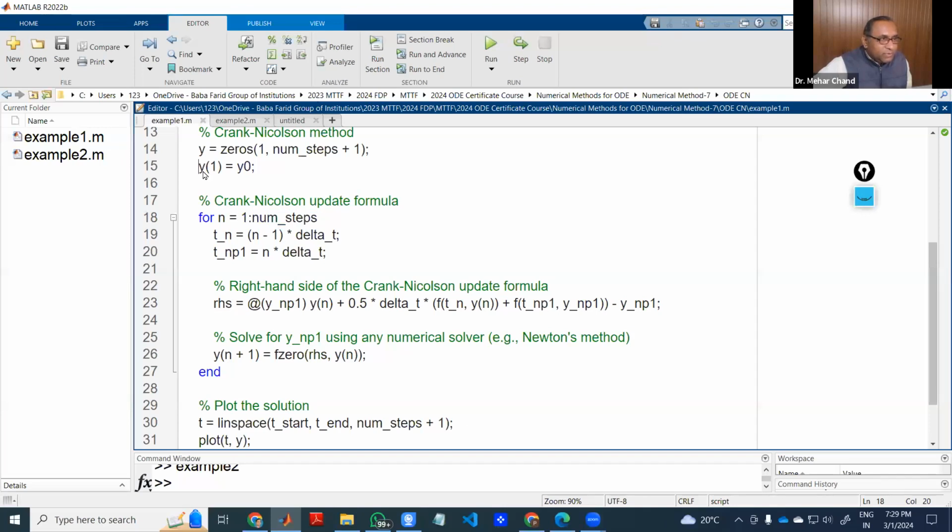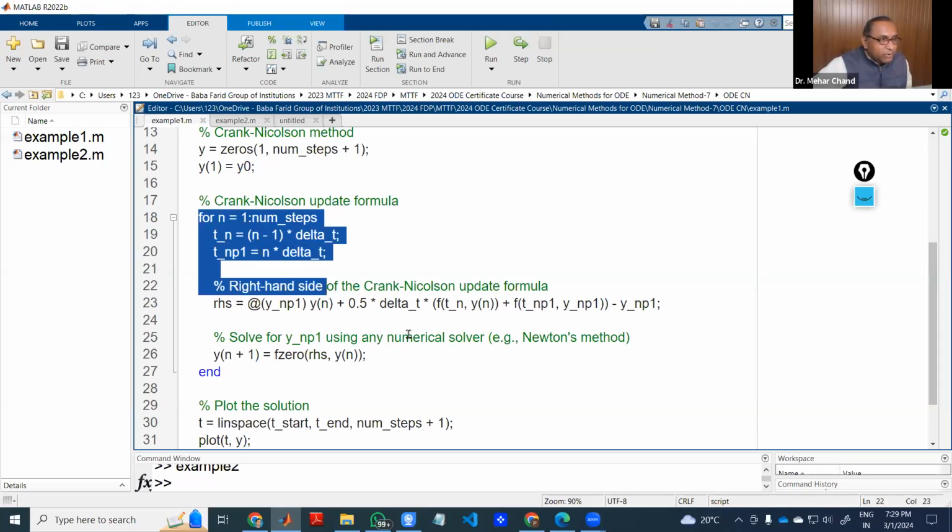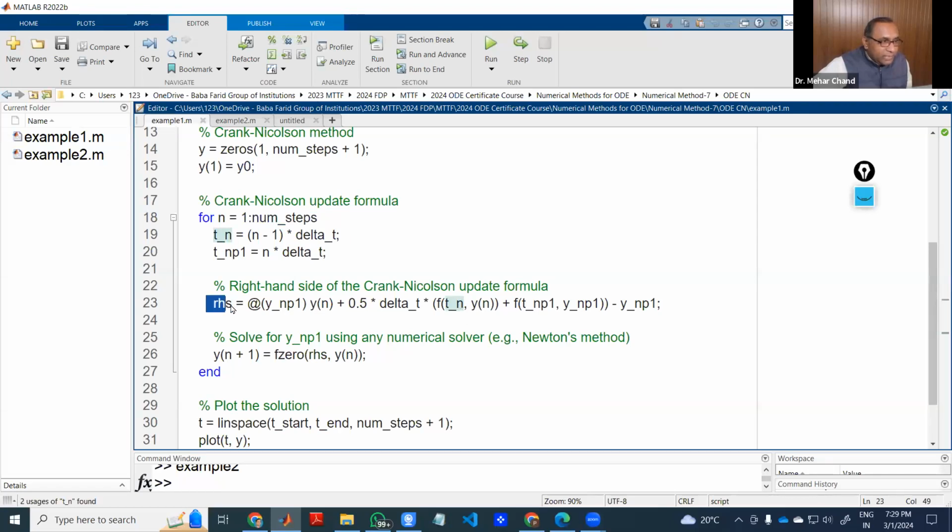So the first value will be stored at this place when n equals 1, then y2 will be computed, and so on. The loop will execute and all the values will be computed and stored in y(n+1). So this is the entire procedure to implement our Crank-Nicolson method.